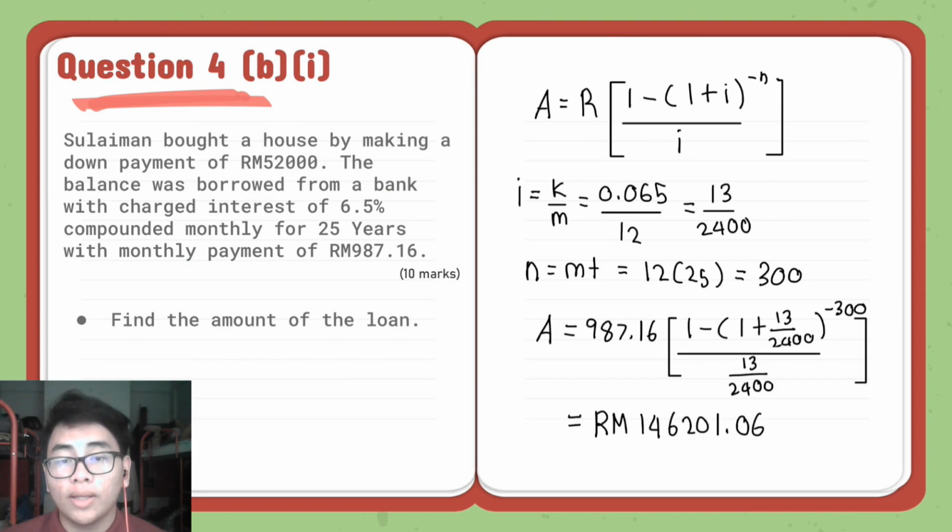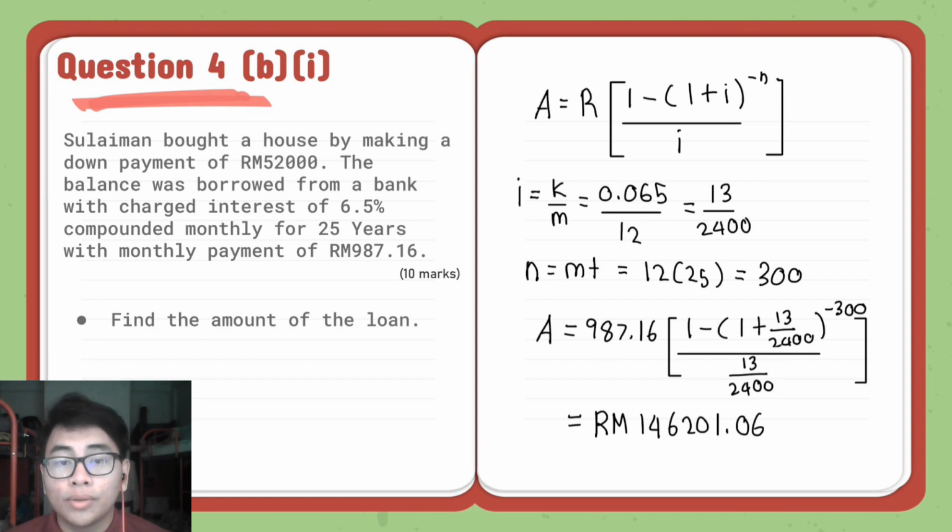Next, we need to find the value of n, and we use the formula n equals m times t. m is 12 times 25, which is t, and we got 300, which is the value for n. Now we need to enter all the values into the formula.